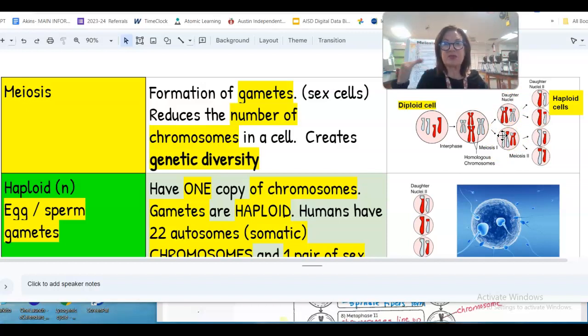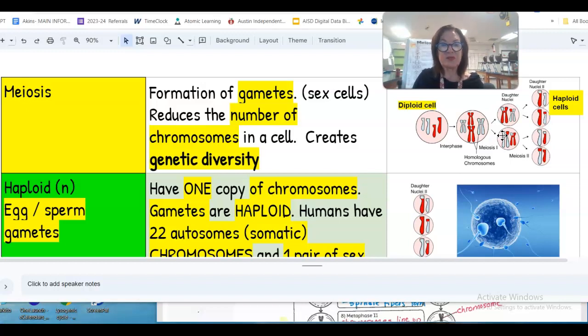And then in meiosis 2, we're going to go through a whole other division, creating 4 haploid cells, and we'll talk about that in a second. But in this, it's going to create genetic diversity. So this means that you're not going to look like your siblings unless you're an identical twin.